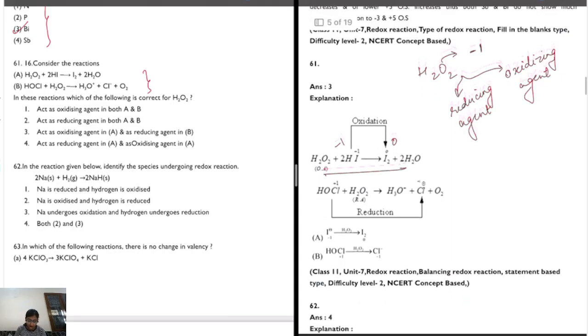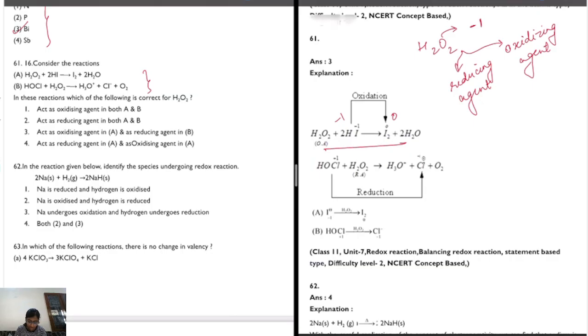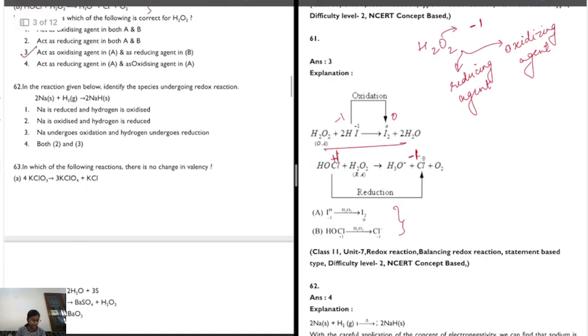Alright, and in the next reaction, you will see the oxidation state of chlorine changes from +1 to -1, which is the reduction. So, it acts as an oxidizing agent in reaction 1 and a reducing agent in reaction 2. Therefore, option 3 would be the correct answer.